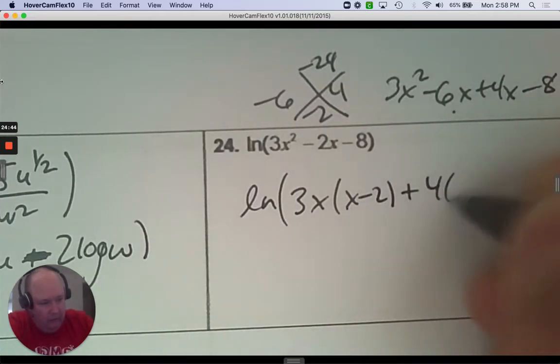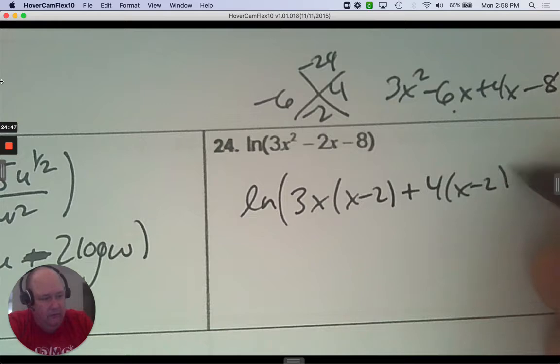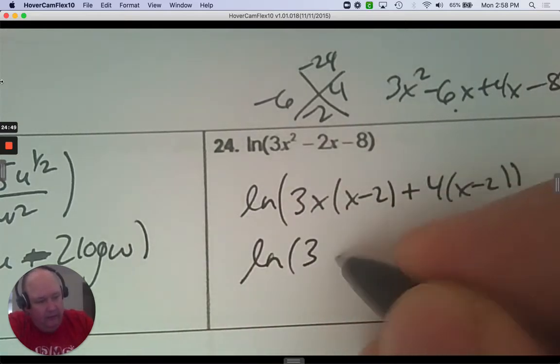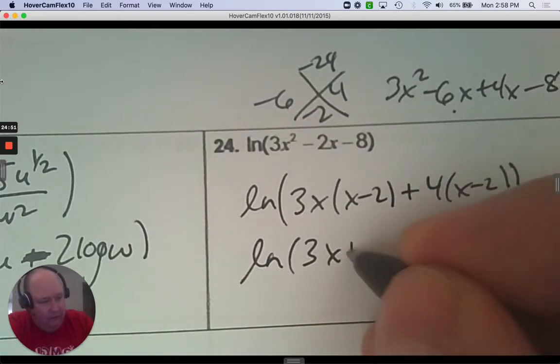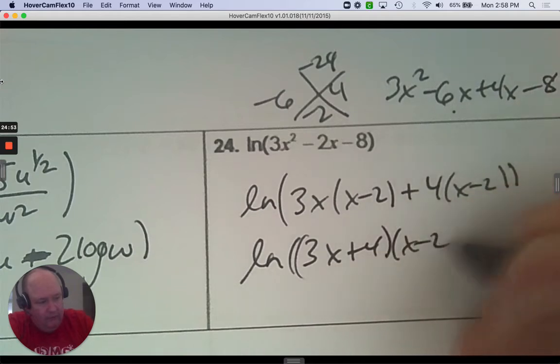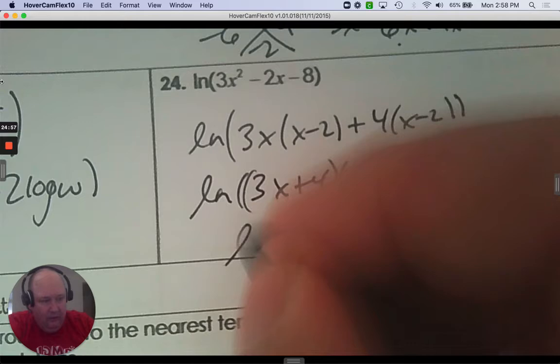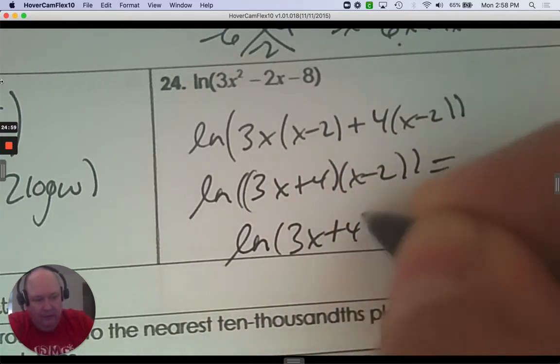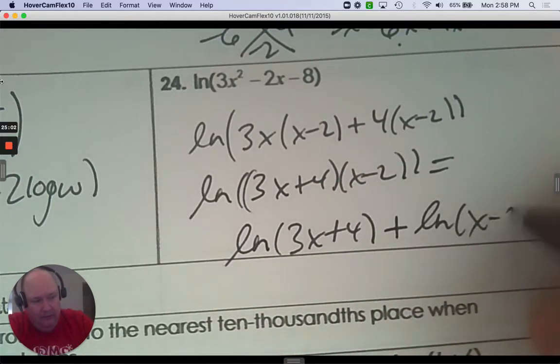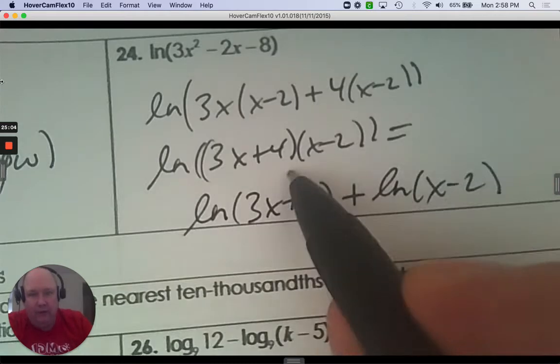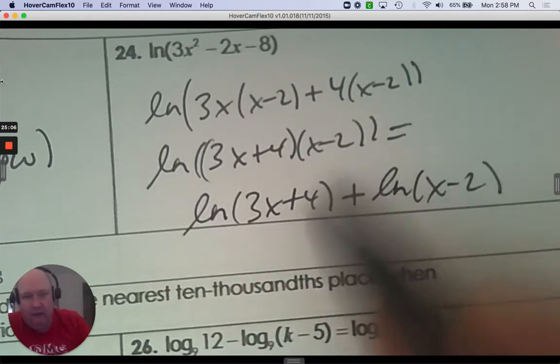Factor out of 4, and you have x minus 2. So I got ln of 3x plus 4 times x minus 2. So now I have a product. So I did all that work to get a product so that I can separate it. So ln 3x plus 4 plus ln x minus 2. So you create a product, and then you can write it as two logarithms adding.